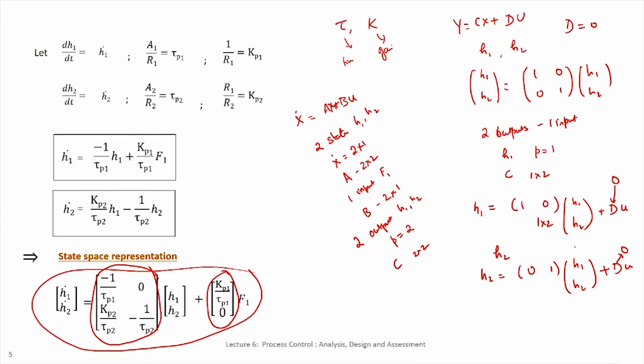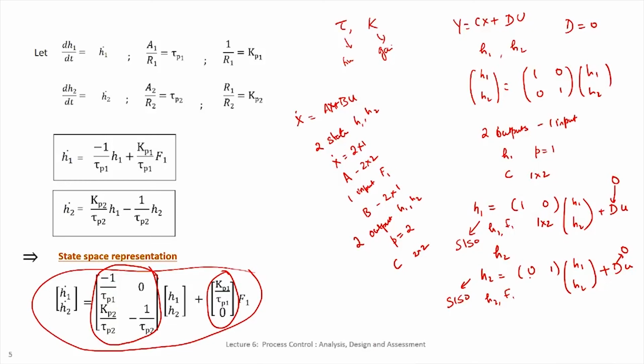However, the difference between these two cases and the case where both H1 and H2 are outputs is that these two cases are SISO cases, single input single output, because the only output is H1 here and the input is F1, and the only output here is H2 and the input is again F1. So, what this says in this example is that I have a SISO system, however, I have more than one state. In fact, in this case I have two states.